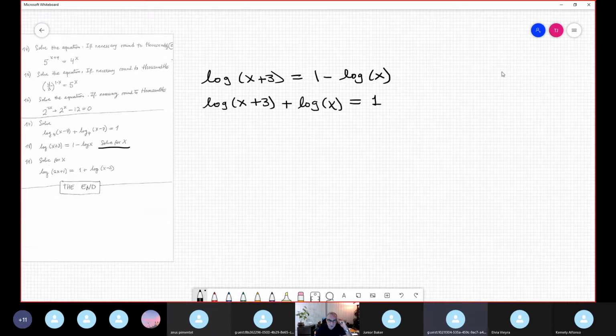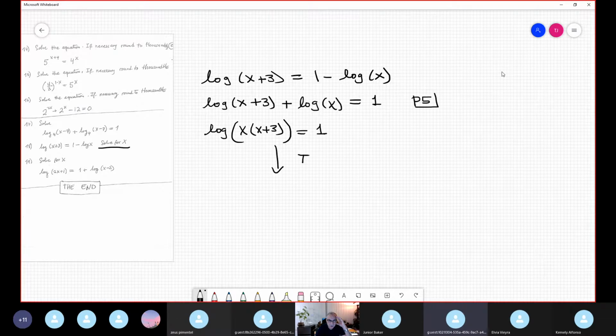Okay, now ready to condense it one more time, applying property number 5. It's a logarithm of a multiplication. This expression is x times x plus 3, a new expression inside the argument of the logarithm, equal 1.